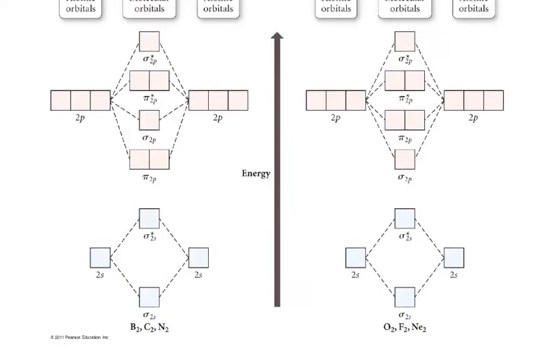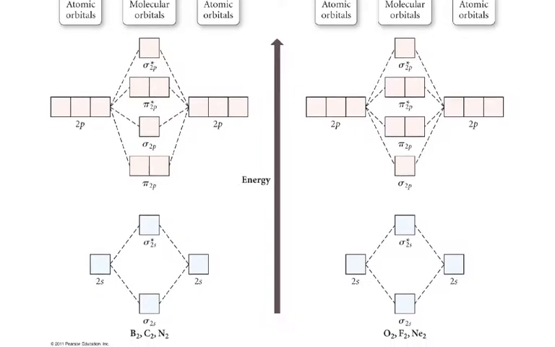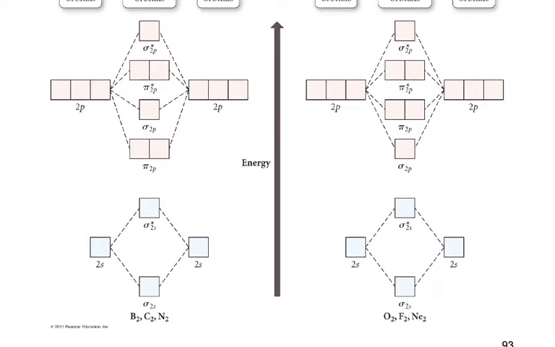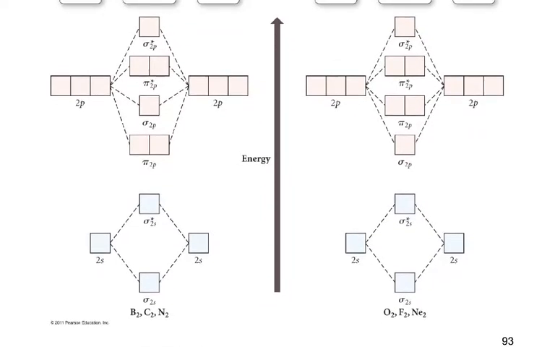Now, what order the molecular orbitals go in depends on what atom you're looking at. So that has to be determined based on the atom. So for this class, we're going to give you the molecular orbitals and the order of them.